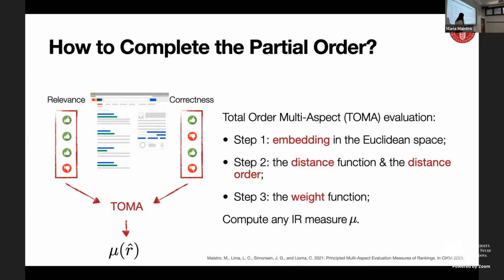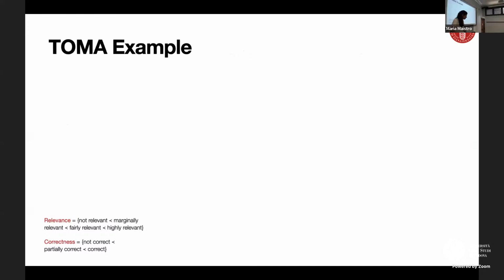And the last step is a weight function that, based on the distance, assigns some weight. Once we use this whole approach to aggregate labels, we can compute any other measure on top of this. I will give you an example to show how it works.